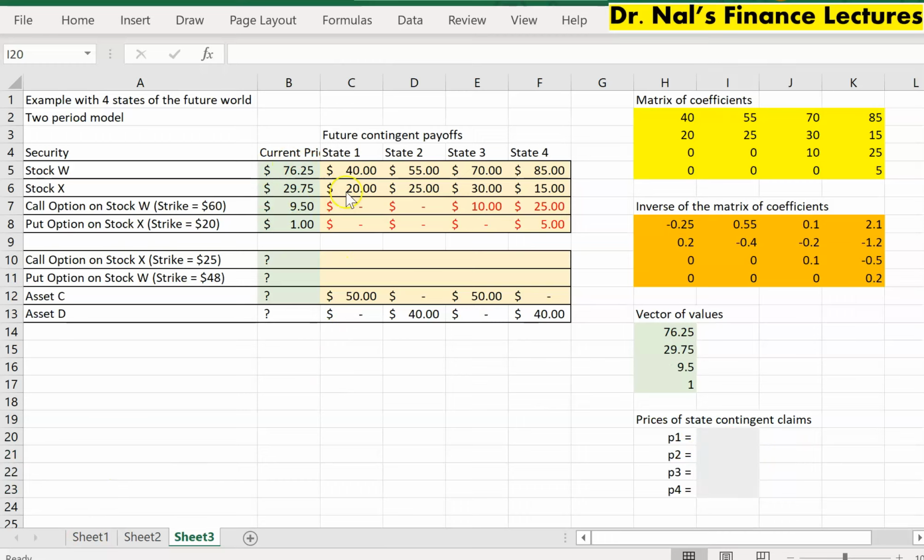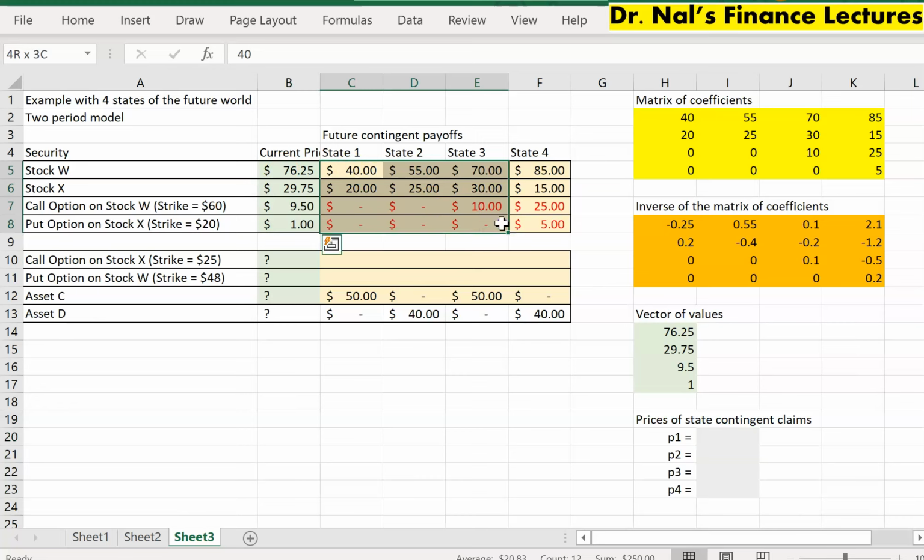While I paused the video, I just revised these numbers, so that hopefully this time it should bring us some better results. Yes, because in the other cases when the numbers are not adjusted carefully, the state contingent claim prices turn out to be negative, which is absurd, right? All right, so these are the current prices for these securities.